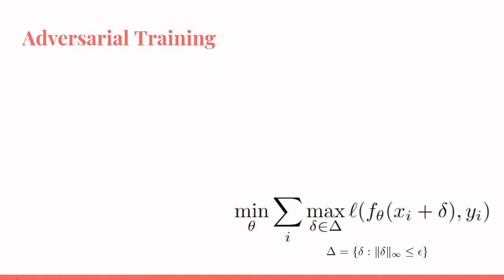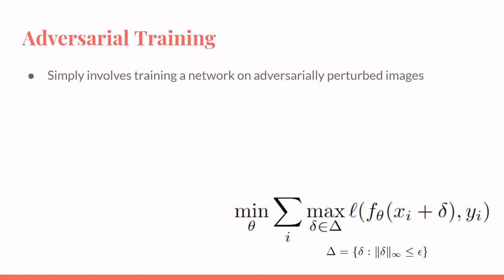So now that we've covered a couple techniques for calculating perturbations, let's actually apply those perturbations. Adversarial training simply involves training a network on adversarially perturbed images.